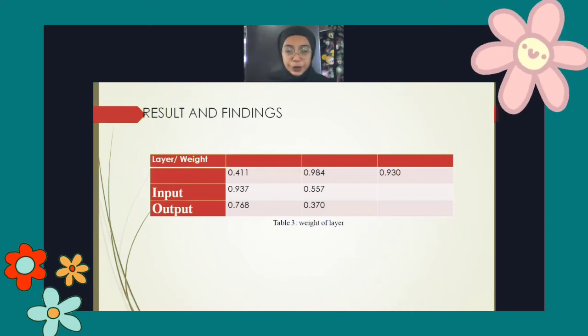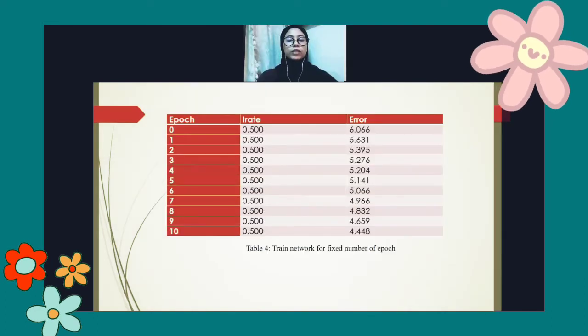Based on the result, neurons in the input and output layers are connected to the neurons in the hidden layer. Table 4 shows three networks for a fixed number of inputs.